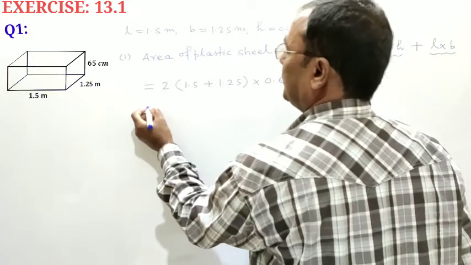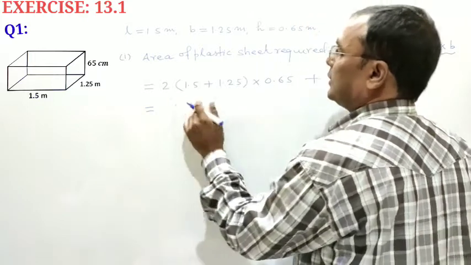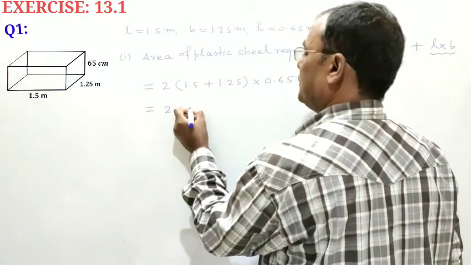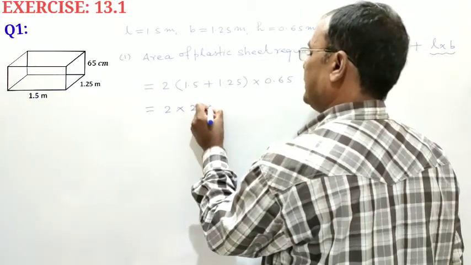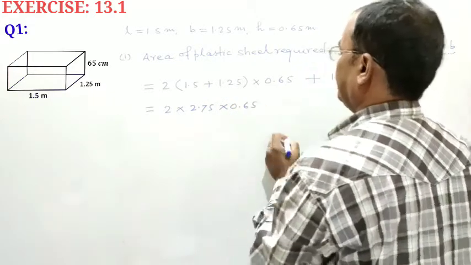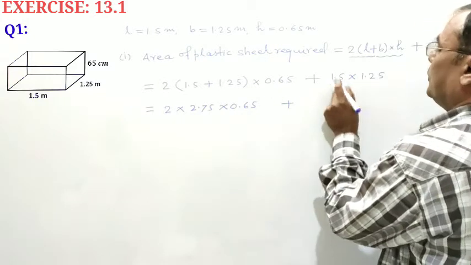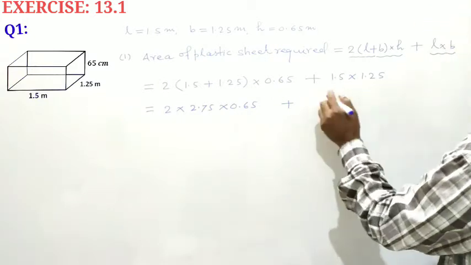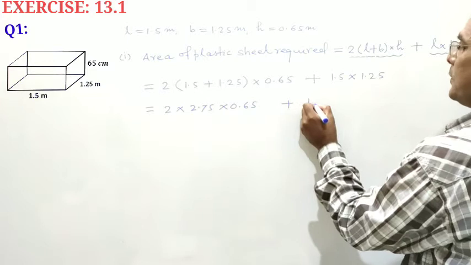All the measurements are in meter. So this is 2 into 2.75 into 0.65 plus 1.5 into 1.25.